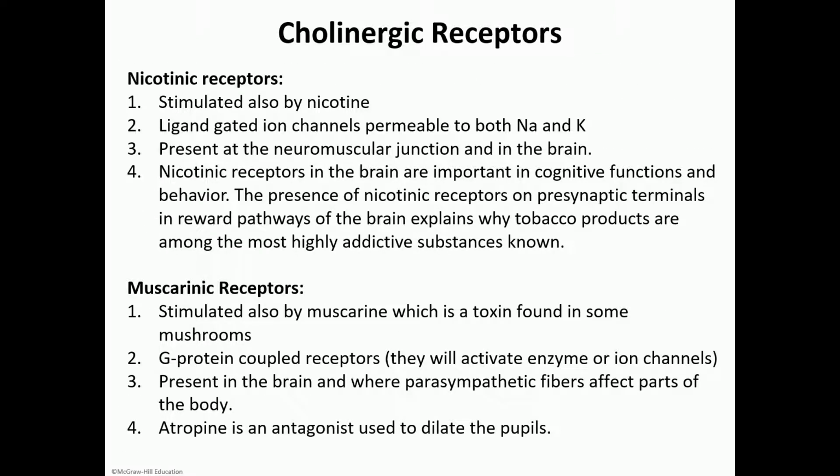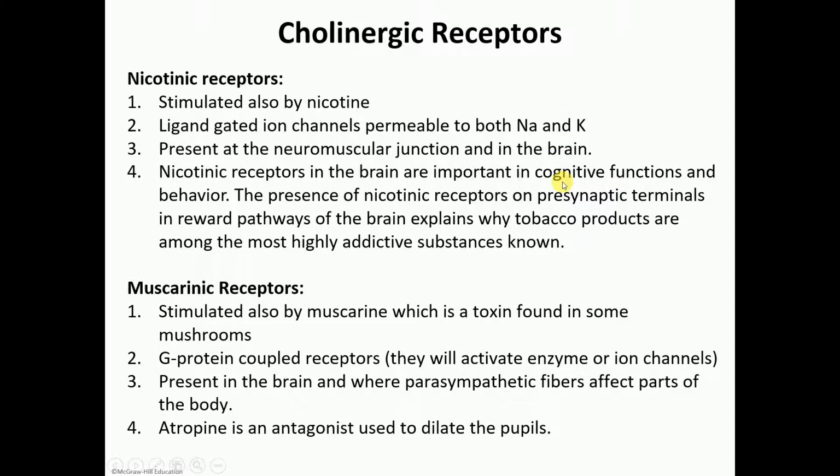Now we've got two different kinds of cholinergic receptors, namely nicotinic and muscarinic, and they are named according to what stimulates them. So nicotinic receptors are the same receptors that are stimulated by nicotine found in tobacco. These receptors are ligand-gated ion channels that allow the passage of sodium and potassium. We find nicotinic receptors at the neuromuscular junction and in the brain.